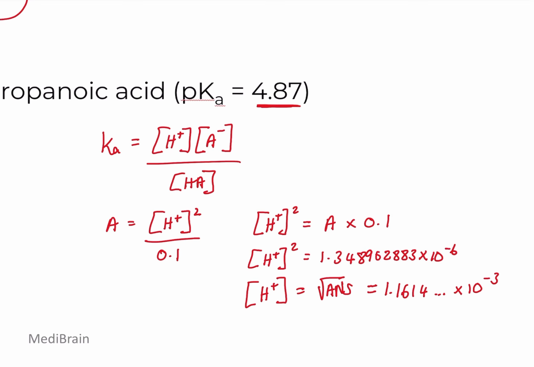And now we have our H plus concentration. We can take the negative log base 10 of our answer, and that's going to give us pH, an answer of 2.935. And remember, pH should always be quoted to 2 decimal places, so that would get you an answer of 2.94.